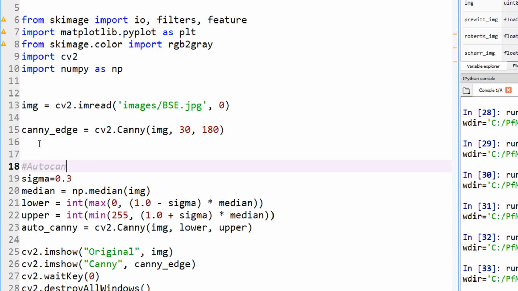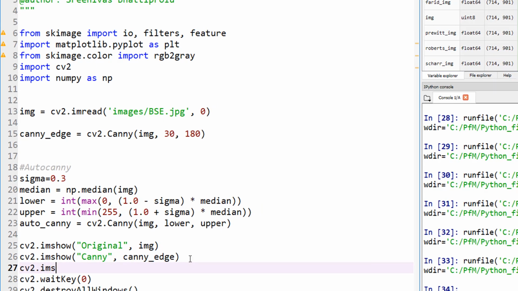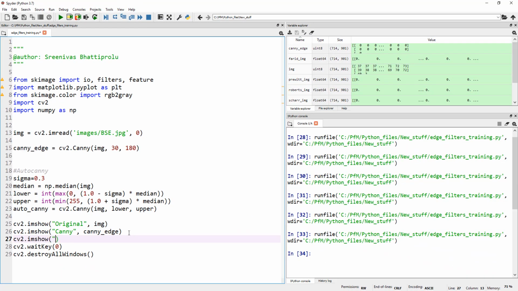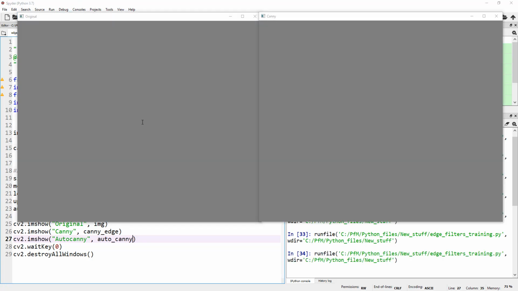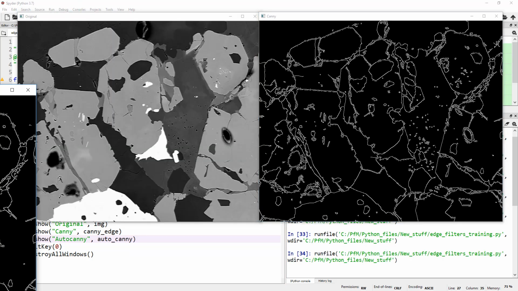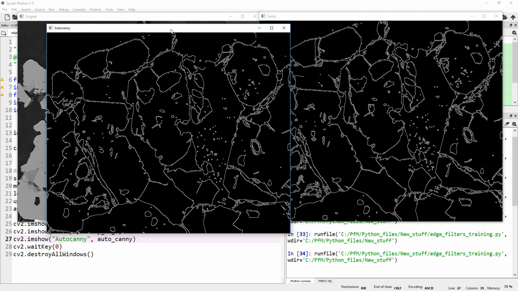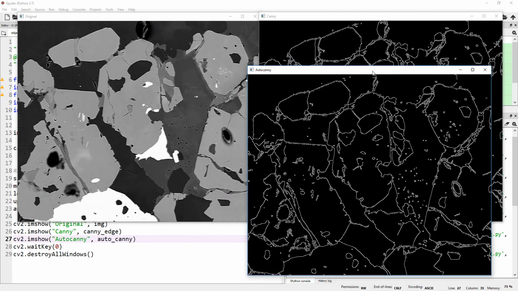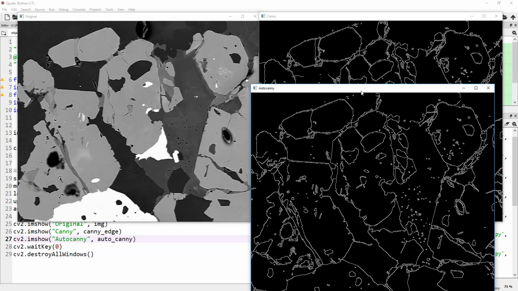So this is what you can call auto Canny. Let's also look at this image, auto canny, and the variable auto canny. Now let's actually look at these images. Okay, there is the Canny, and here is auto Canny. Slightly better, but I'm not sure how much better.